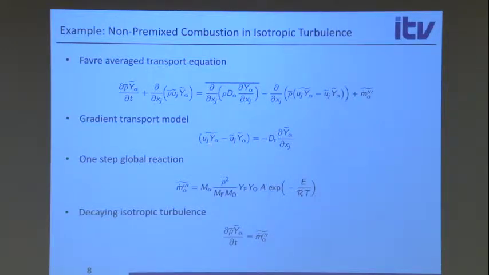For isotropic turbulence, we said the mean velocities are 0, so this thing goes away. And we said also gradients are 0, and so if gradients of mean quantities are 0, then also this is 0. And what remains is just this term and that term, okay? And so all this says is dY/dt is equal to the mean source term.